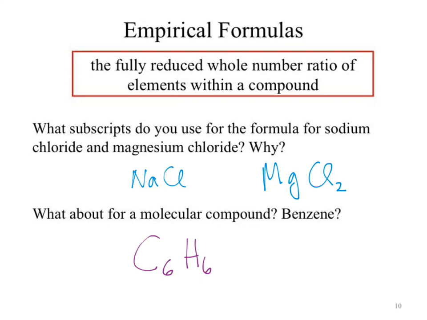Okay? If we look at the empirical formula, is this correct? No. Our empirical formula says that this should be C1H1, the smallest whole number ratio. So when I look at the compound of benzene, why do I not write it as C1H1, but instead write it as C6H6?